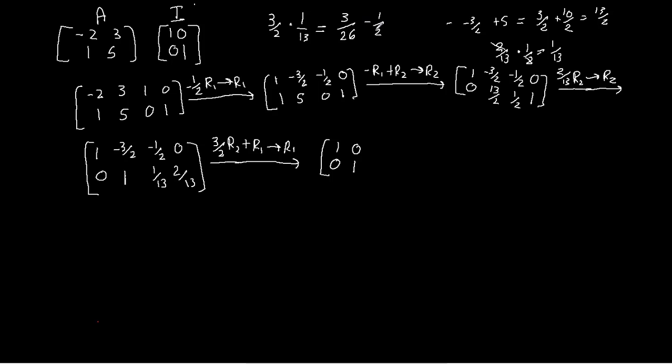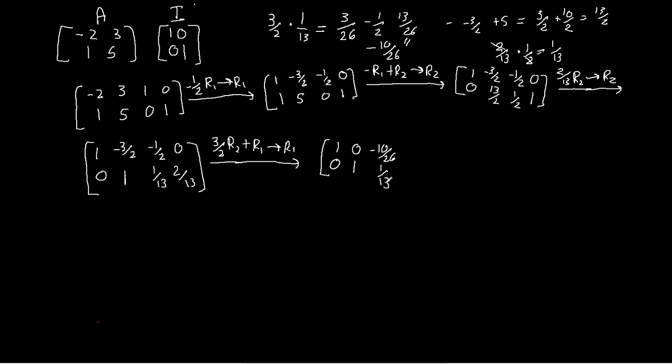Now, 1/2 is the same as saying 13/26. So this is going to be negative 10/26, because 3 minus 13 is going to be that. So this is going to be negative 10 over 26.